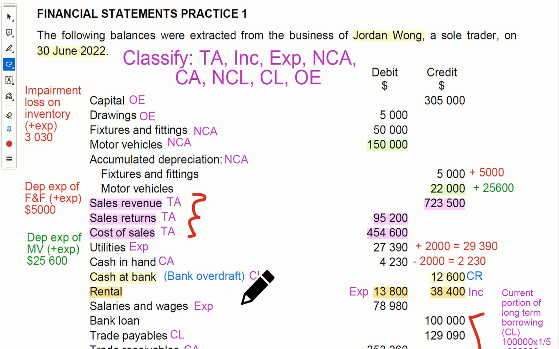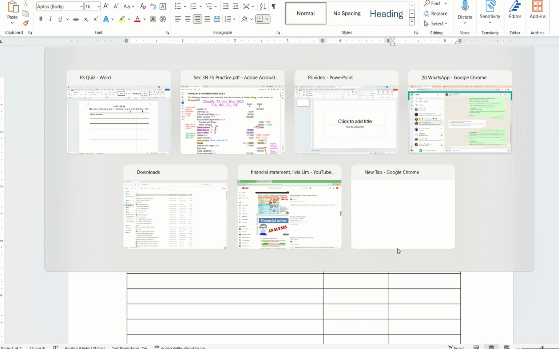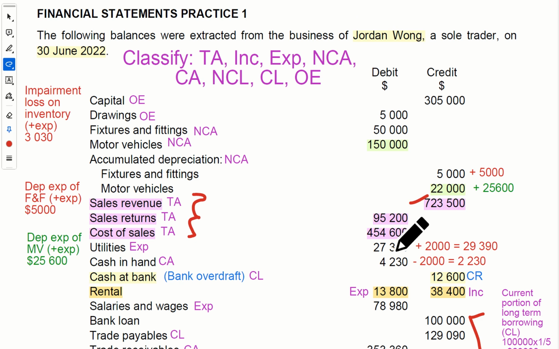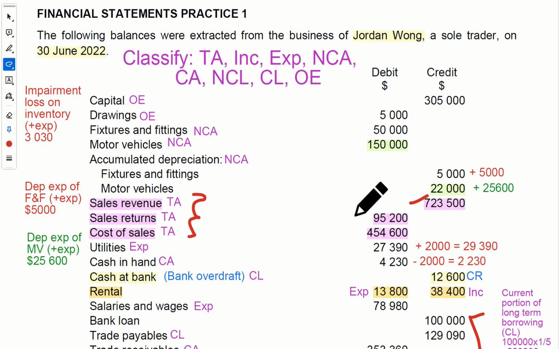There is a particular format. The first item that goes in is your sales revenue. Because this is a video, please feel free to pause every time you need to write something. Sales revenue, the amount is 2,723,500. So I will key that in. Next, after sales revenue, I will be recording my sales returns.